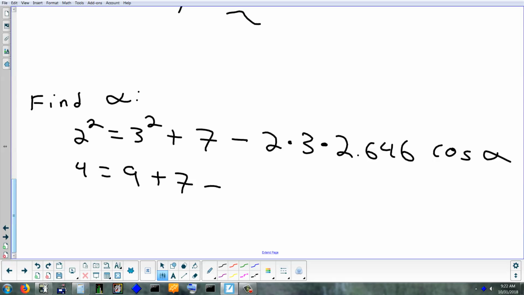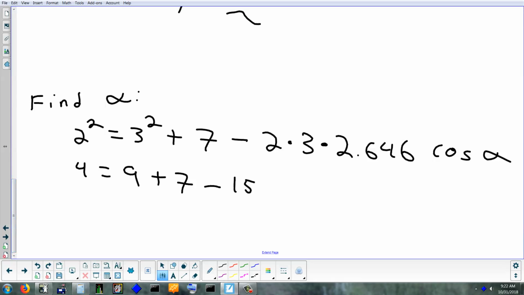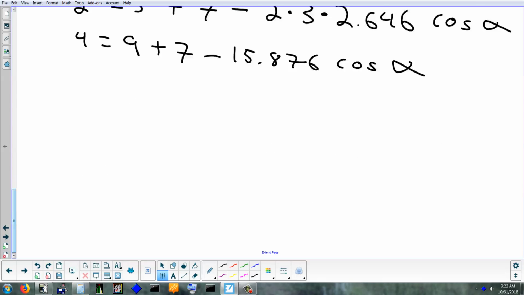What's 2 times 3? 6. 6 times 2.646 gives me 15.876. Okay, so eventually my goal is to get alpha by itself. So there's a lot of things there that I don't want there. What I have right now is basically something like this.